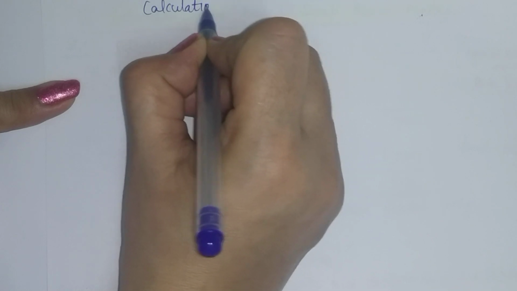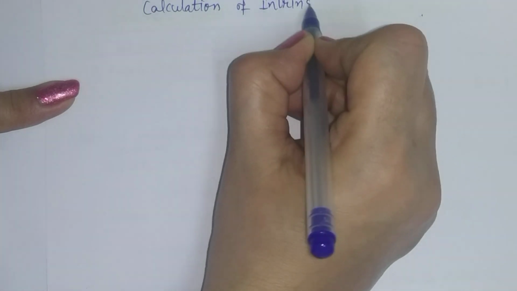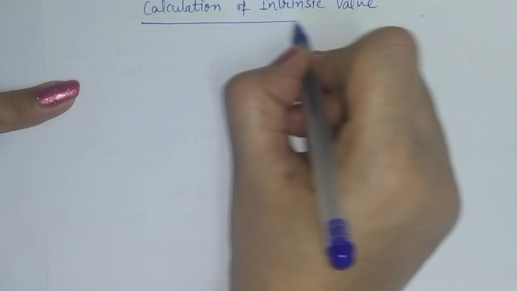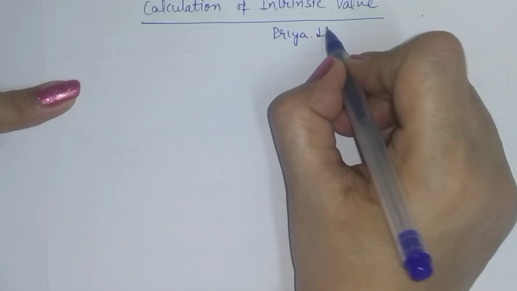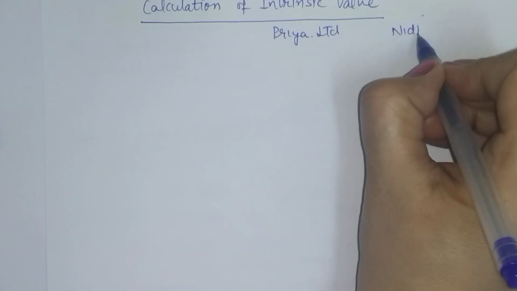So our first step is calculation of intrinsic value. In the calculation of intrinsic value, we will be taking amounts of Priya Limited and Nidhi Limited.